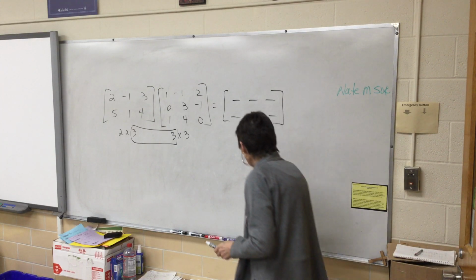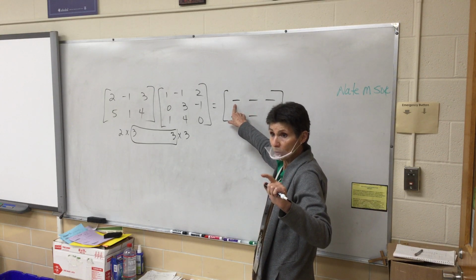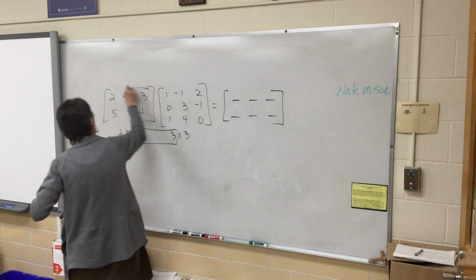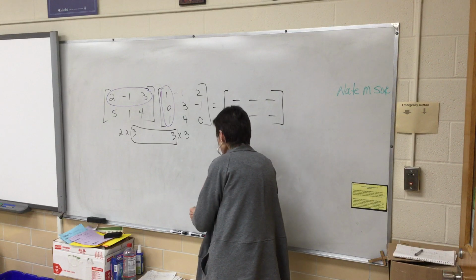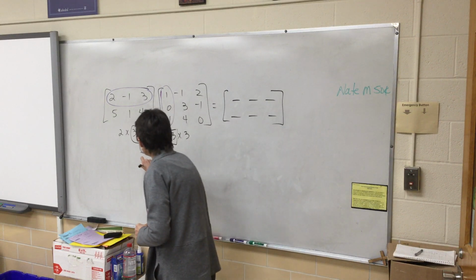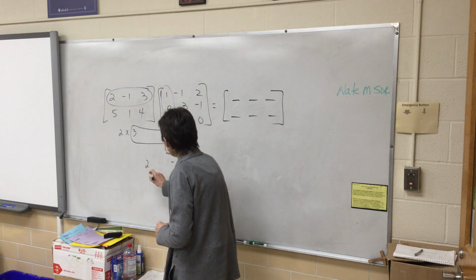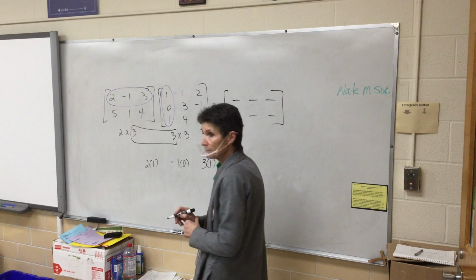All right, so here we go. We're gonna fill in this spot, which is where? First row, first column. So we've got more numbers, but we do it exactly the same way. So I write down my first row, 2, -1, 3. And then my first column, 1, 0, 1.